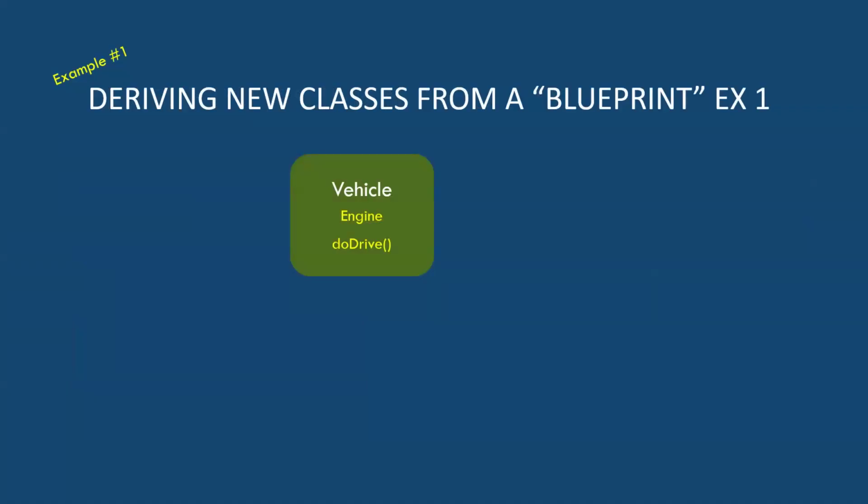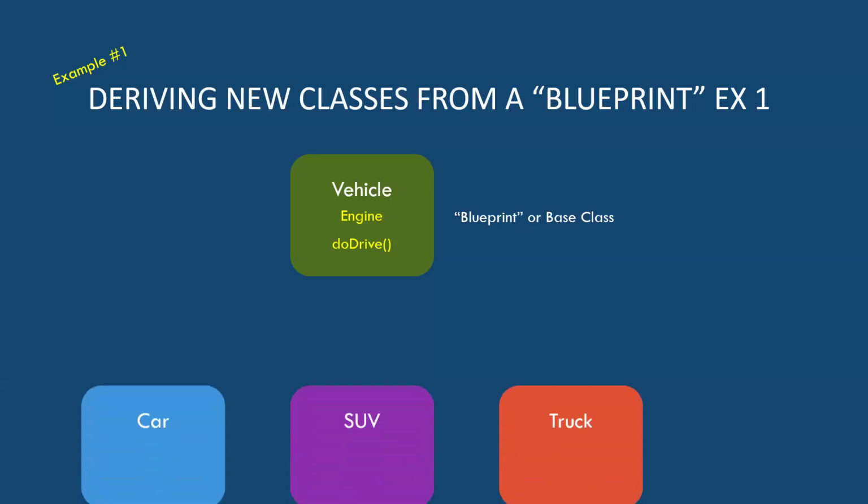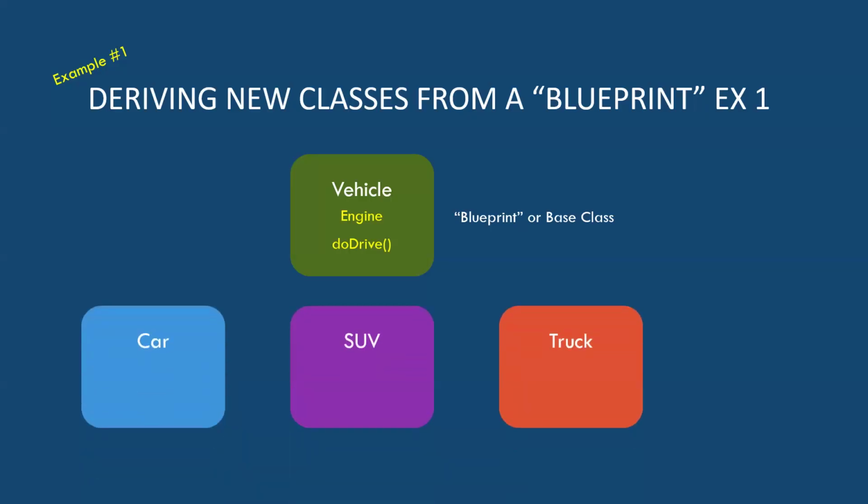Now, inheritance is different. It's this generic idea that I have a description of a vehicle, and all vehicles, let's say, have an engine, and they all have a method called do drive, which is just get going, whatever you are, right? So if we inherit from a vehicle class with a new class, we would like to inherit those things in the base class that are useful.